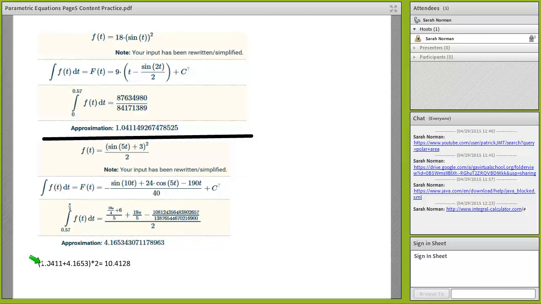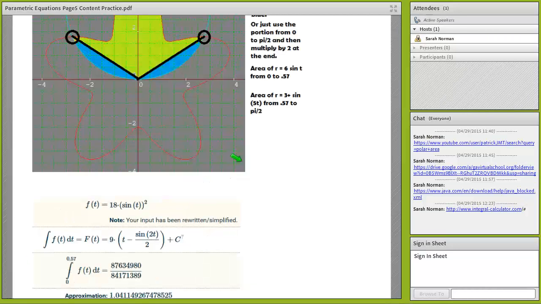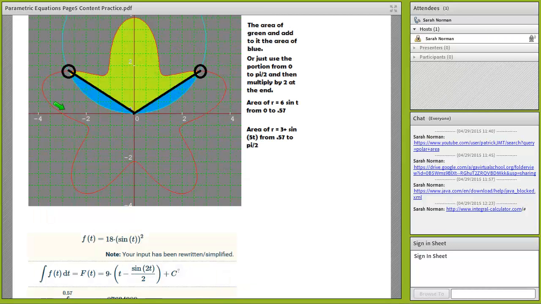Remember that we wanted to add those together, and that only found the area in the first quadrant. Then we decided to multiply that by 2, which gives us the area of the first and the second. There's no area below the pole, so we don't have to worry about that. The blue shaded area was a little over 1. It was 1.04.